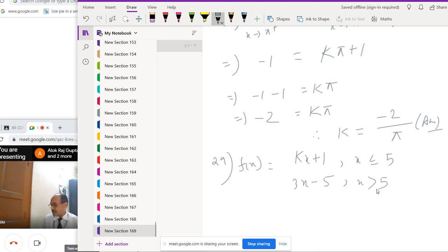So kx plus 1 for x less than or equal to 5 and 3x minus 5 for x greater than 5, at x equal to 5.